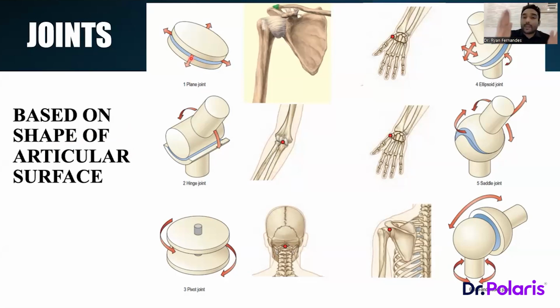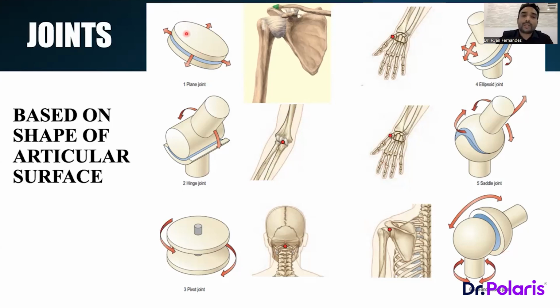They can be divided into plane joints, hinged joints, pivot joints, ellipsoid joints, saddle joint, and ball and socket joint. Again, I'm reminding you, this classification of synovial joints is based on the shape of the articular surface.